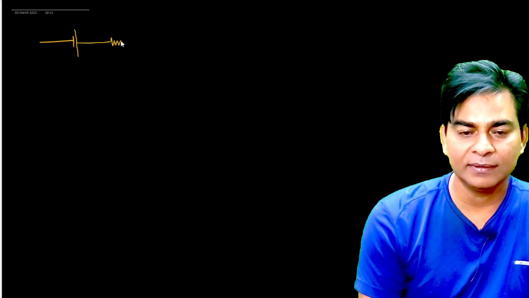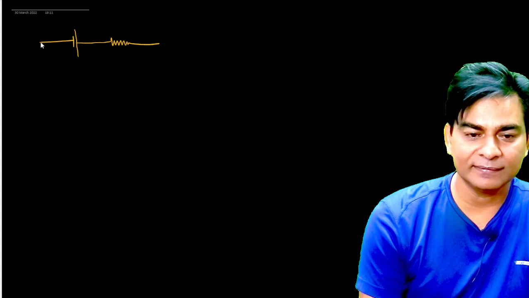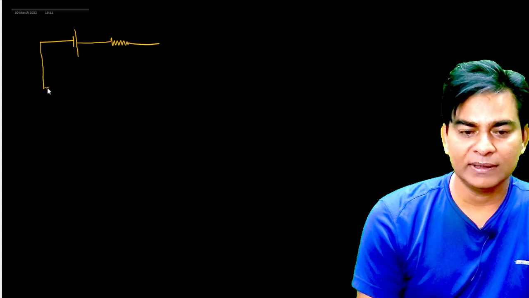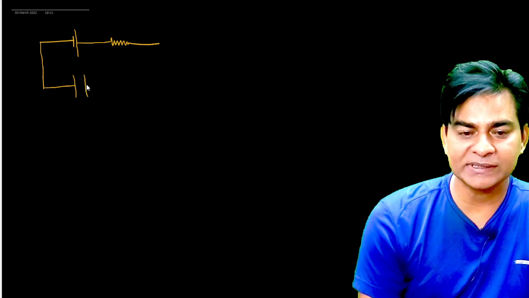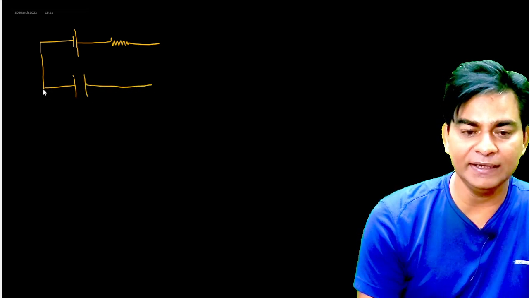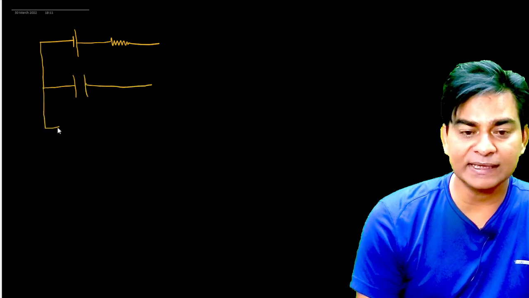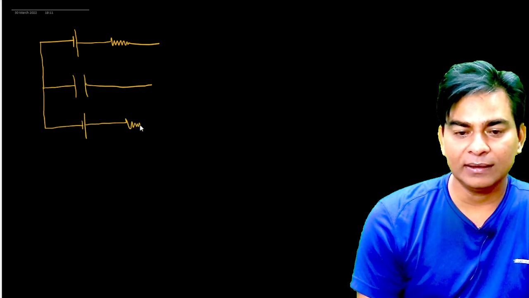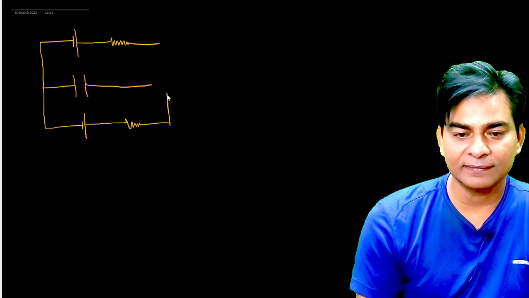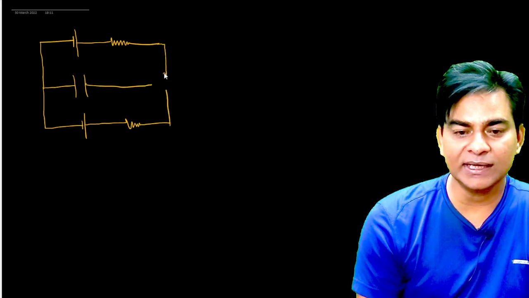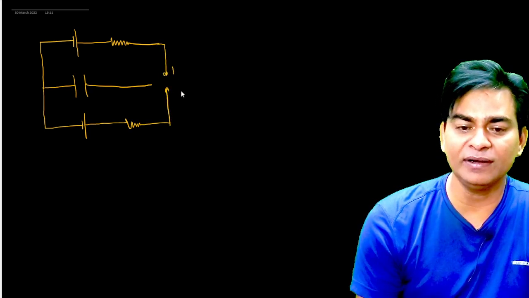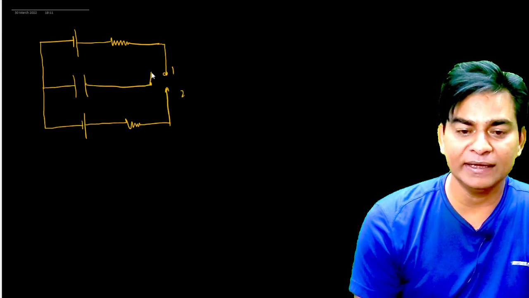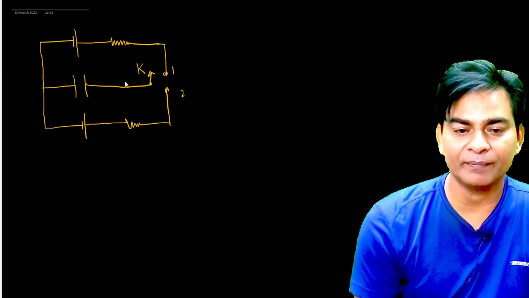Battery, resistor, in this line a capacitor and a key, and in this line another battery, another resistor, and these are two positions, say 1 and 2, and here there is a key.